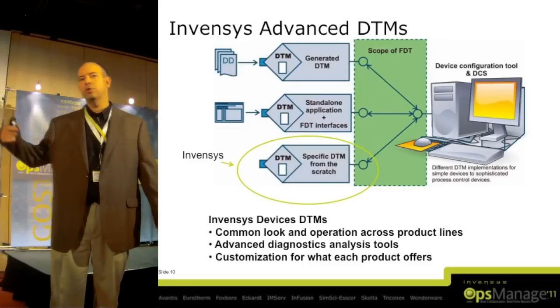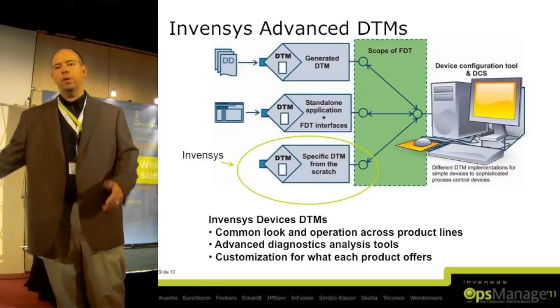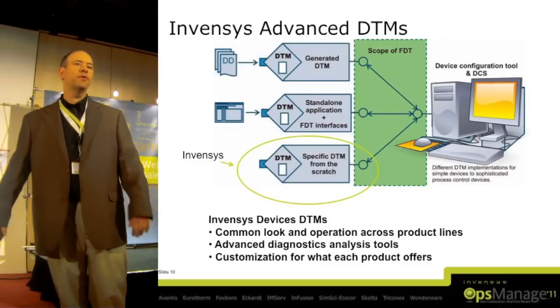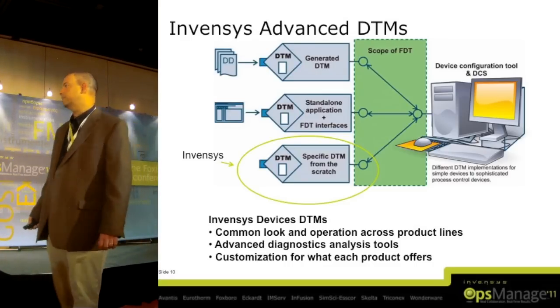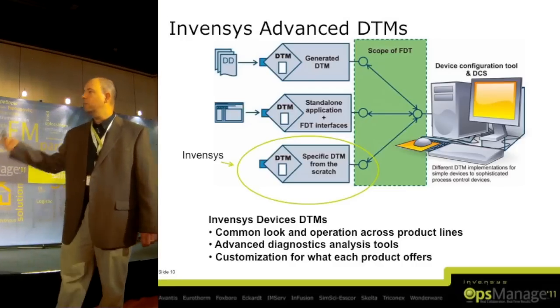Much like using Word and Excel, when you go to the file menu, you can expect to see save, print, etc. We try to drive a common feel across the experience, so it's easier for a person who's familiar with flow to jump to a pressure transmitter and know that the measurement values will be on the overview screen. There will be a page that brings up documentation, etc. One key point to add to that: we do customize each DTM, of course, to the product. So there are aspects that are unique to all the products. We, of course, deliver those aspects.